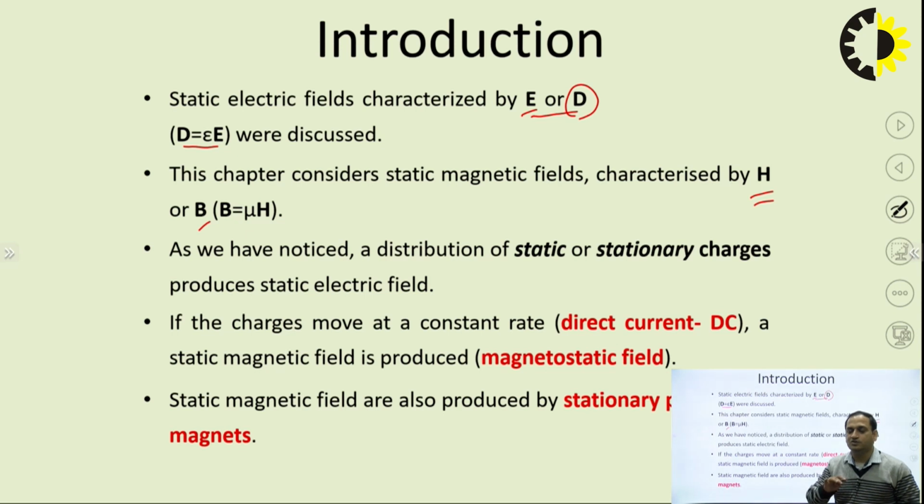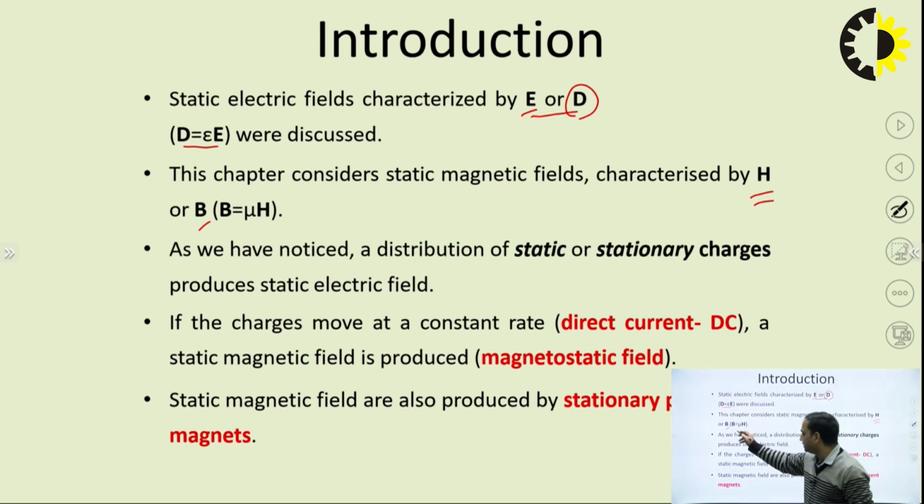Students sometimes get confused and mix up E, H, D and B, so things must be clear. E is the electric field intensity, H the magnetic field intensity, D the electric flux density, and B the magnetic flux density.